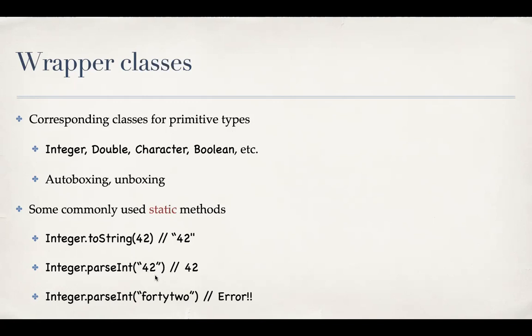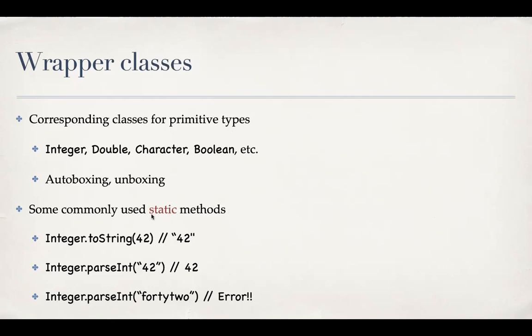Of course, the requirement here is that the string you pass must contain digits, and the equivalent integer should not go out of the integer limit bound. And of course, you cannot do things like parseInt on the spelled out string 42. That will result in an error.